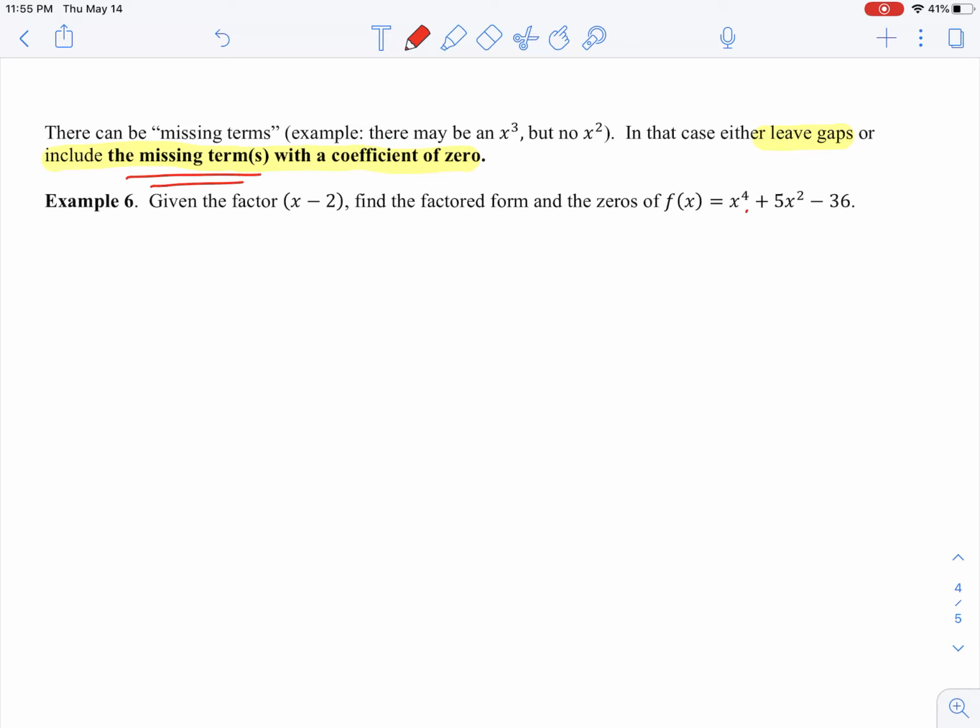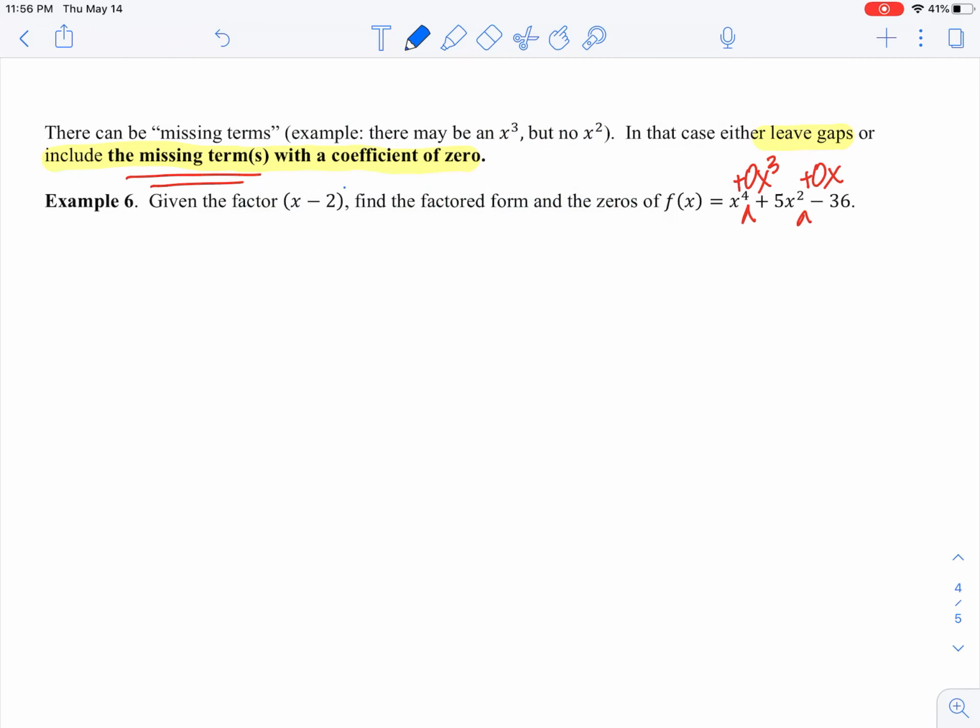If we put those missing terms in with a coefficient of 0, so we're going to add in 0x to the third, and we're going to add in 0x. And so all powers of x are now accounted for in the dividend. What this does for us is it just creates a problem that's more organized, where all of the like terms will now line up when we do our long division process.